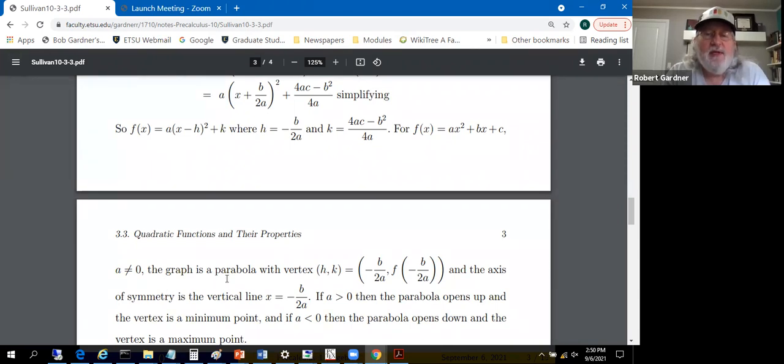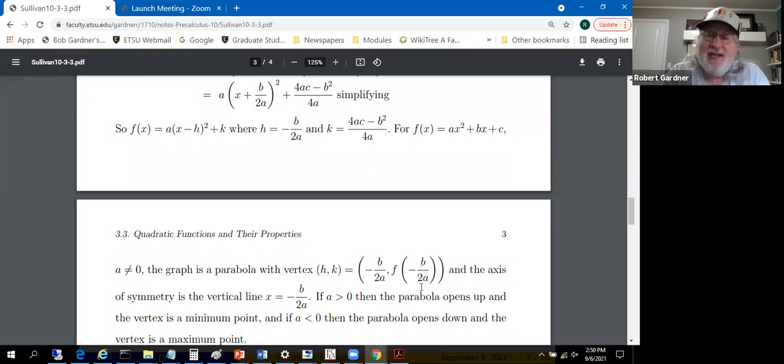The graph is a parabola with vertex hk. We found the value of h to be negative b over 2a, as given here. K, you can express k in terms of this, but it's going to be a point on the graph of the quadratic function. The less you have to remember, in my opinion, the better. If the x value is negative b over 2a, then the y value is f of that, f of negative b over 2a.